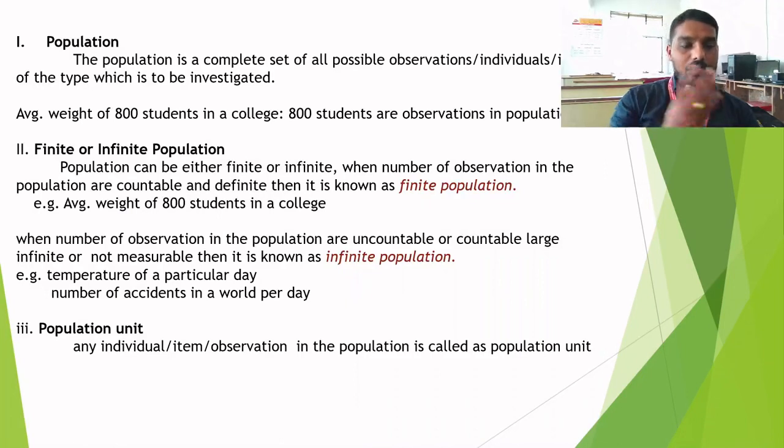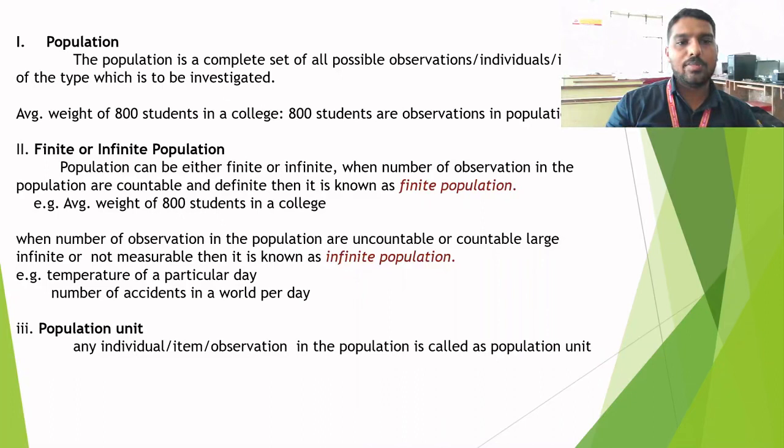So temperature may be any figure value in the range 0 to infinity. So parameter space, population space will be 0 to infinity. Value of the temperature belongs to the interval 0 to infinity.